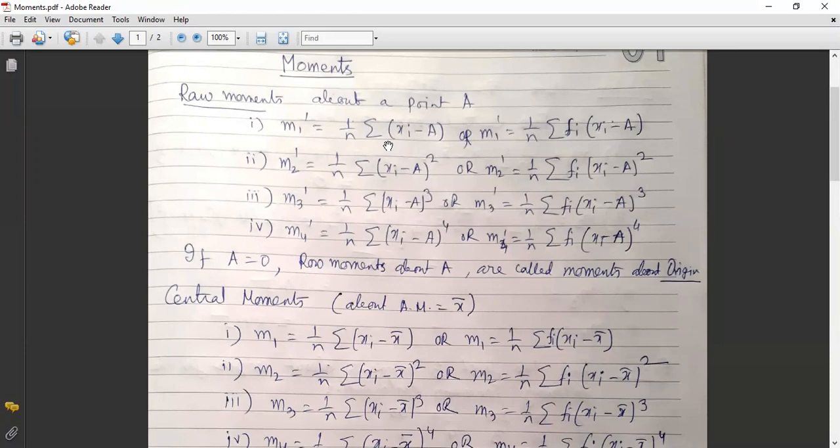For that reason, we'll first have to learn moments, and after knowing a little concept about the moment, we can calculate the skewness and kurtosis.